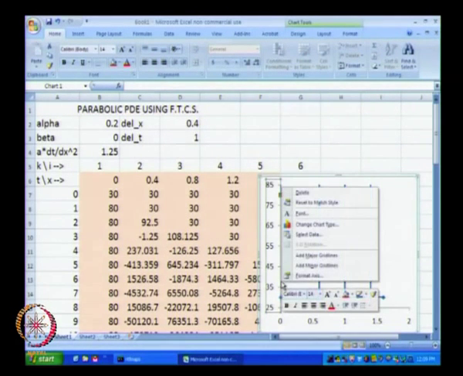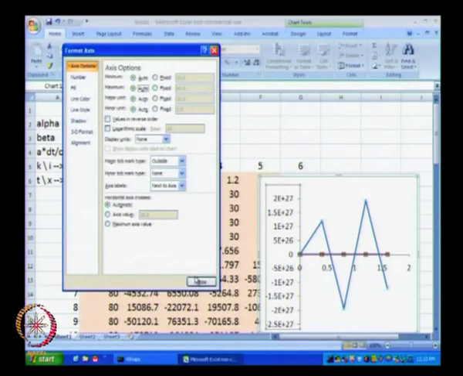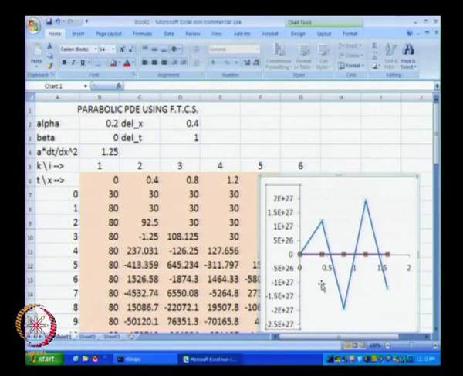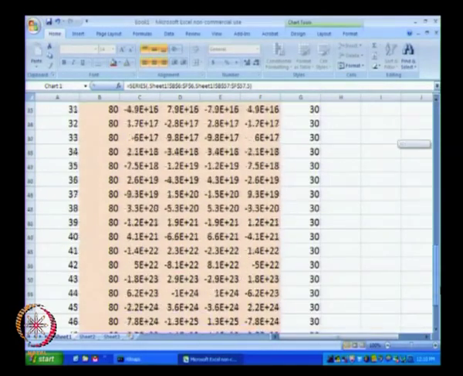I'll just right click, format axis, and I will have the minimum and maximum as automatic. Okay. And we will change the data.